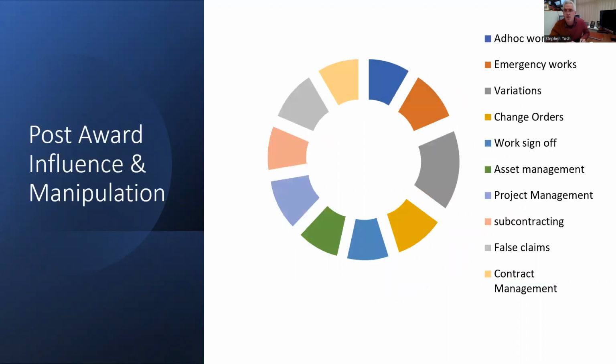In the post-award side, particularly in projects, there's another example of 10 areas that should be considered. Variations, particularly, and I'm going to talk about key examples of ad hoc and emergency work variations. Work sign-off, particularly where there's a corruption risk from project managers or civil engineers.